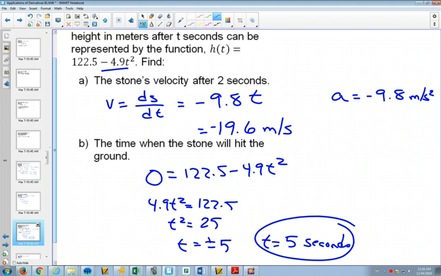Those things would affect your equation. But in an ideal situation, we can now just make an equation for that. Dropping a stone off a cliff, it will hit in 5 seconds. And all we needed to know was gravity, and that shows up by the negative 4.9 t squared, and that we're 122.5 meters above the ground to start with.